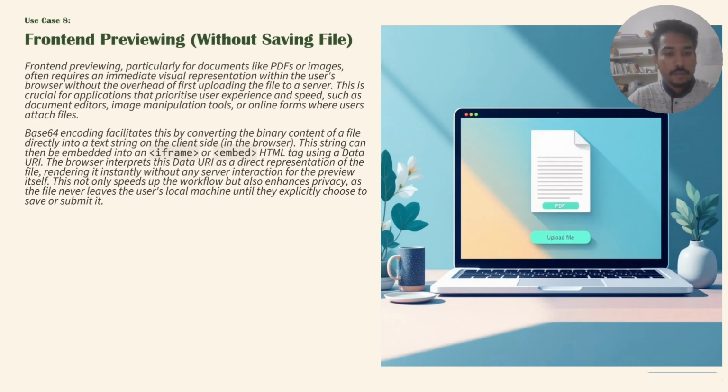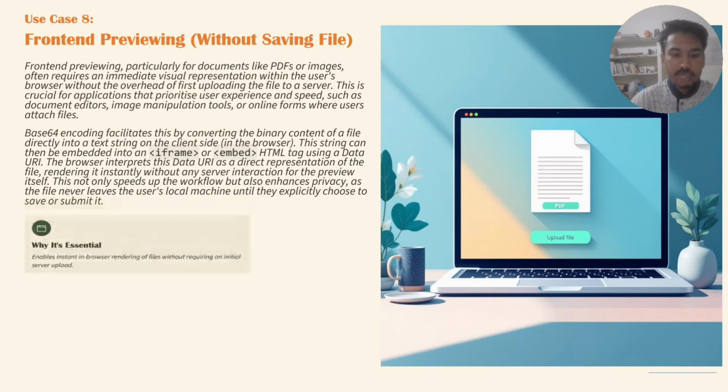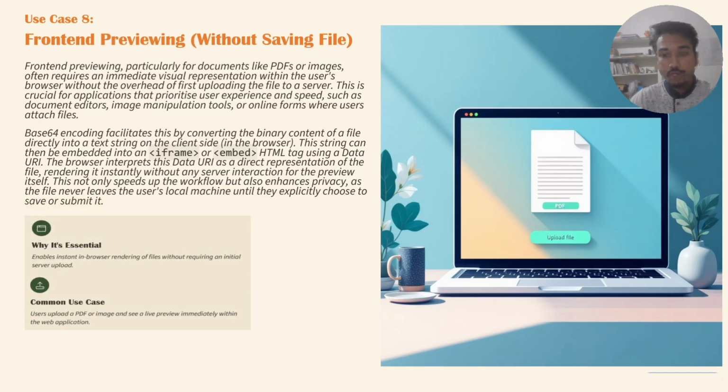Base64 makes that possible by converting the file's binary content into a text-based string right in the browser. That string gets embedded into the iframe or embed tag using a data URI. The browser treats it like the real file and renders it instantly. No upload, no waiting, and no privacy concerns, because the file stays local until the user decides to submit or save it. It is fast, secure, and user-friendly, exactly what great front-end experiences are made of and expected to be.